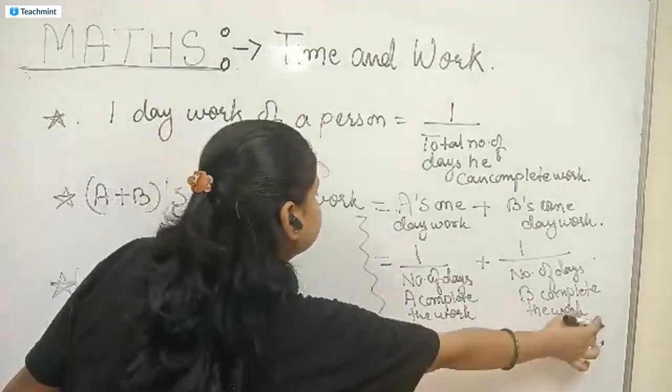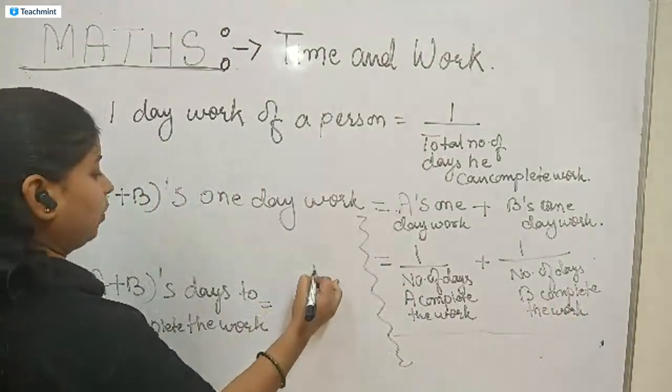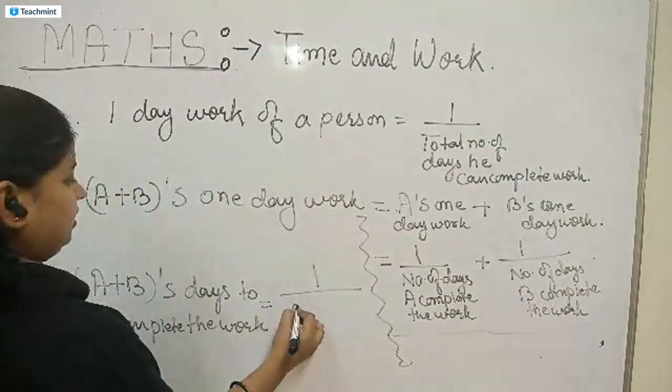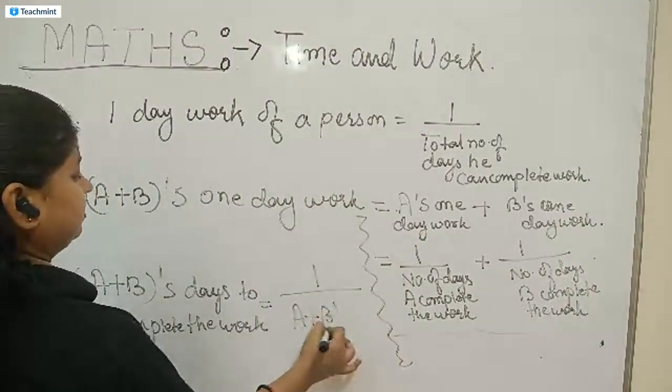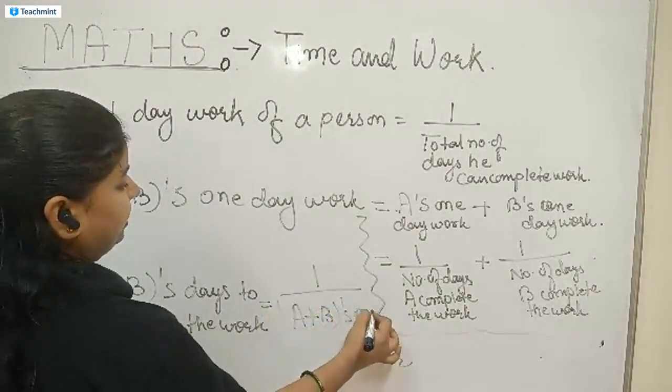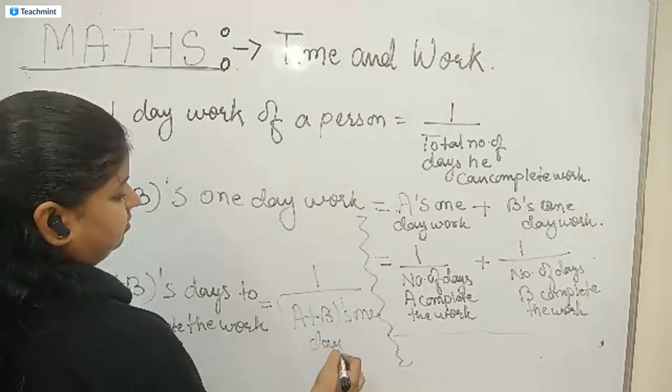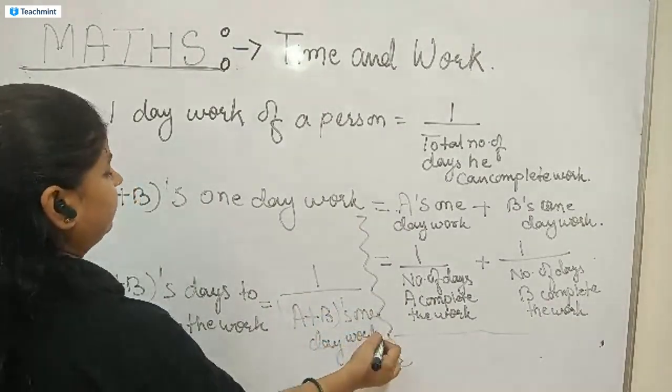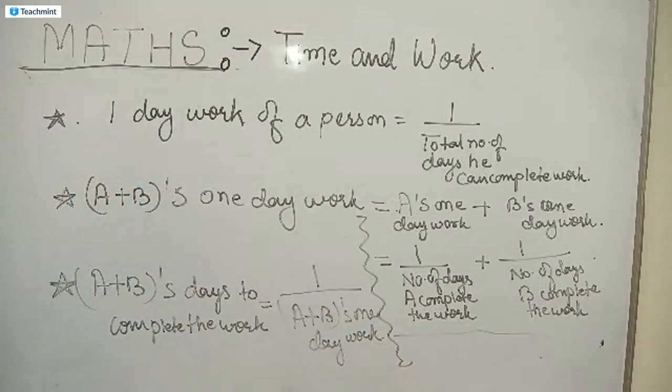This is equal to 1 upon A plus B's 1 day work. If you want, you can note this down.